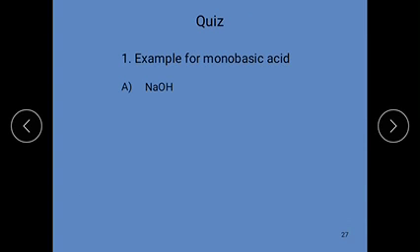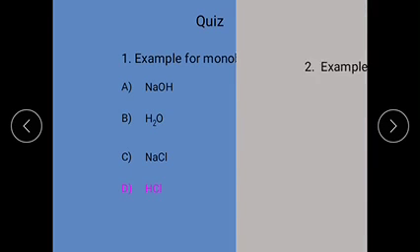Example of monobasic acid: NaOH, H2O, NaCl, HCl. In this, the right answer is HCl because it produces one H plus ion in aqueous solution, so it is a monobasic acid.